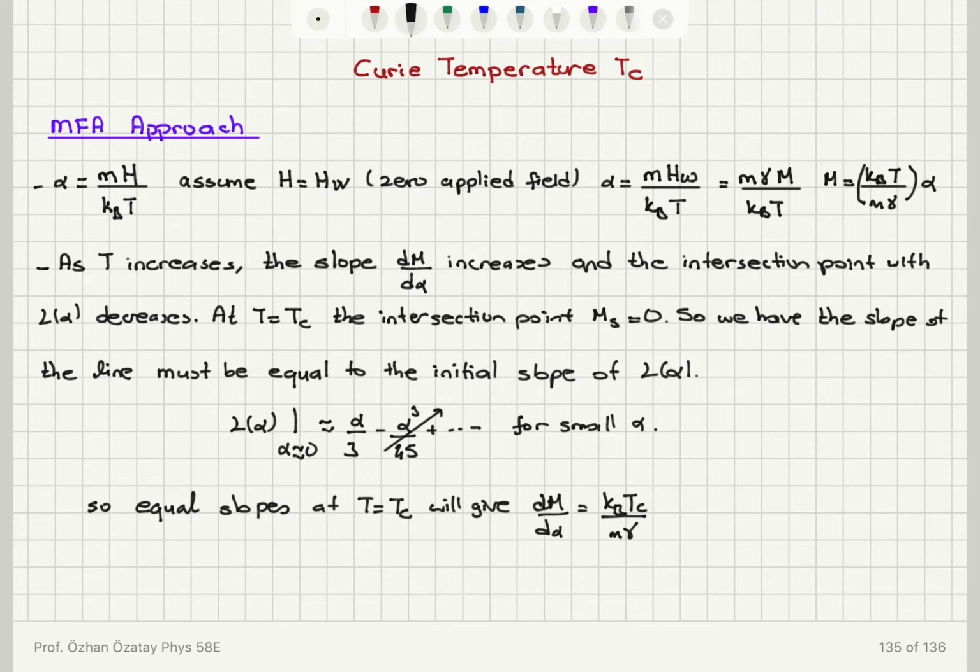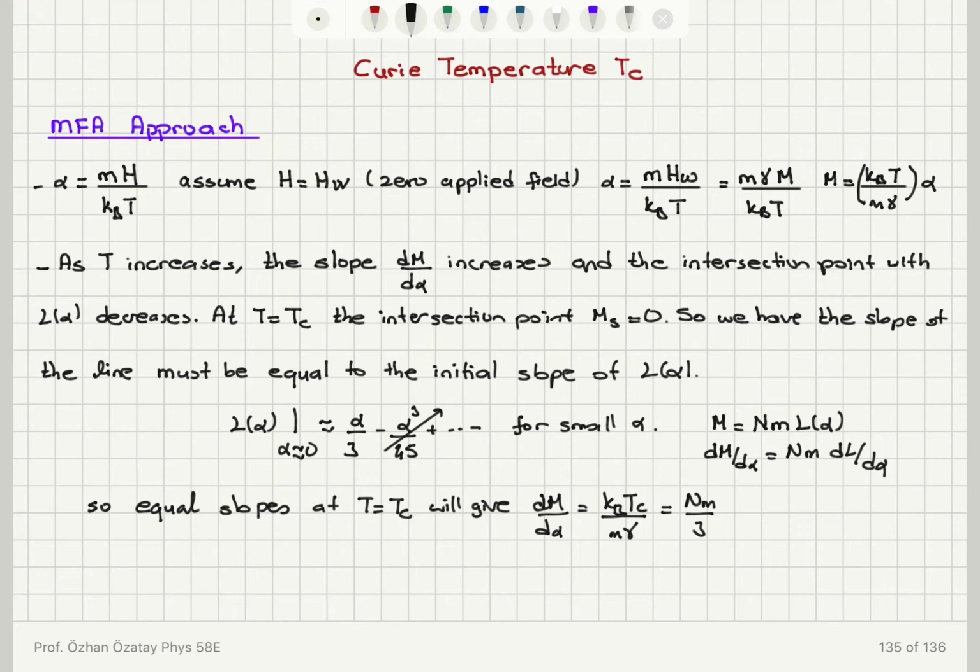And according to Langevin theory, remember that the magnetization is equal to the number of atoms per volume, n, times magnetic moment per atom, m, times the Langevin function L of alpha. So dM d alpha will be equal to n times m times dL d alpha. So we will substitute here nm divided by 3.